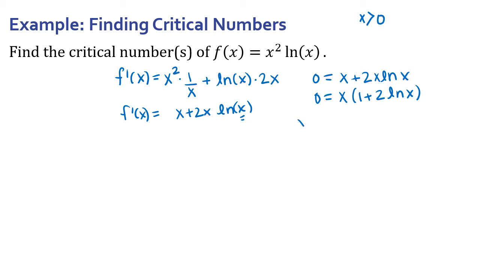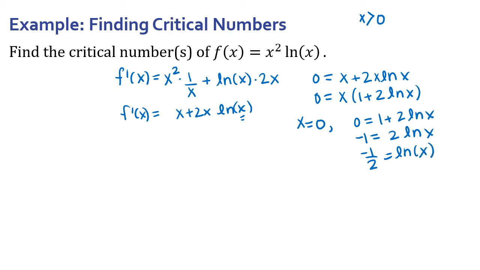So setting these both equal to 0, we get that x equals 0, or 0 equals 1 plus 2 times the natural log of x. So negative 1 equals 2 times the natural log of x. Negative 1/2 equals the natural log of x. So to solve for x, we'll convert this into exponential form. Remember, the natural log is the same thing as log base e.